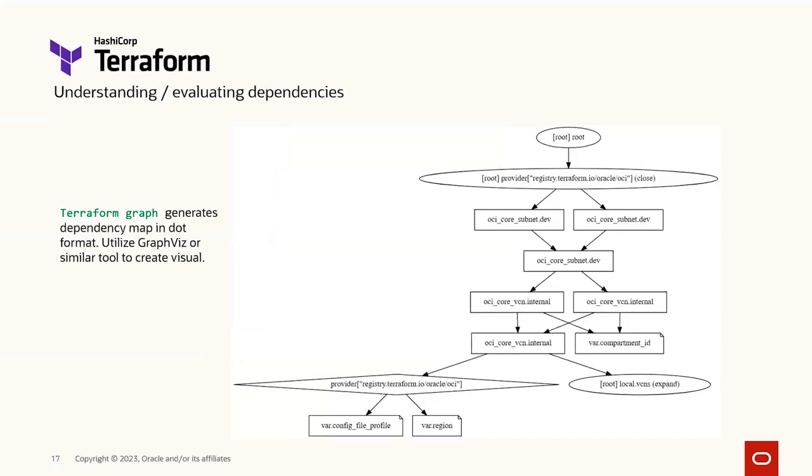You can use something like GraphViz to render that dependency tree to understand, oh, this gets created before this, and see some of those different relationships. Super powerful, and it kind of makes it idiot proof for me, because otherwise there are so many dependencies to keep track of. It can be challenging, and it takes care of all of that for you.